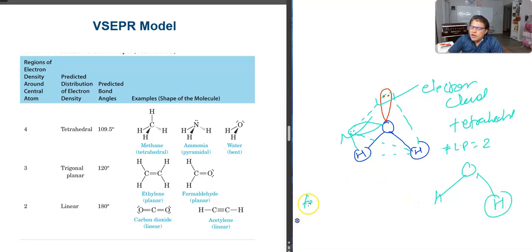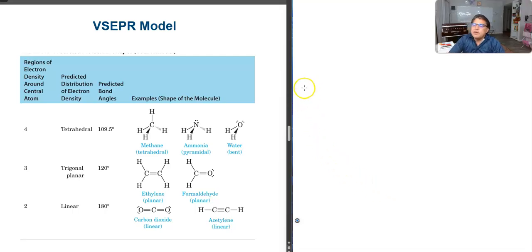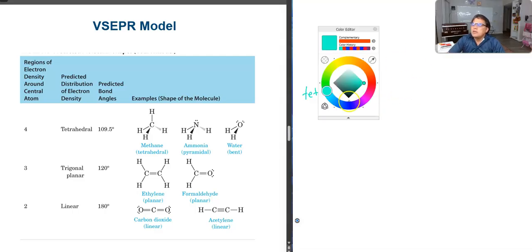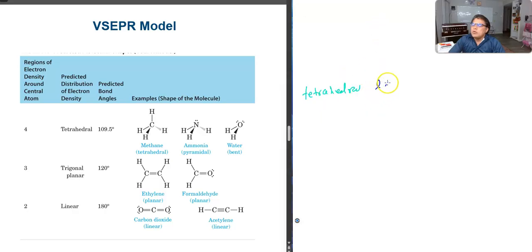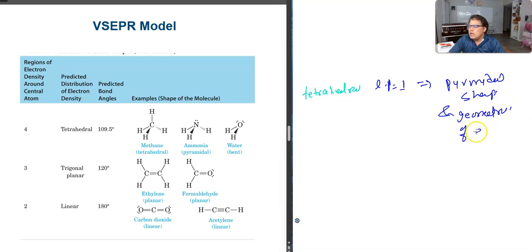Now let's see that if the geometry is tetrahedral and the lone pair is equal to 1, then it is a pyramidal structure. The shape is pyramidal, and the geometry of the electron cloud is tetrahedral, right?